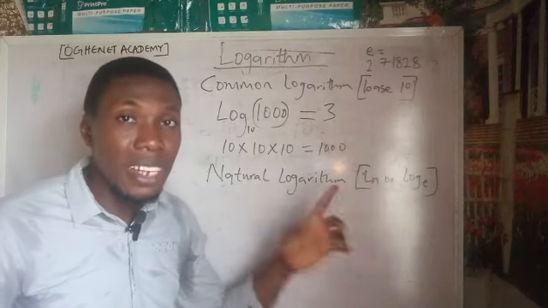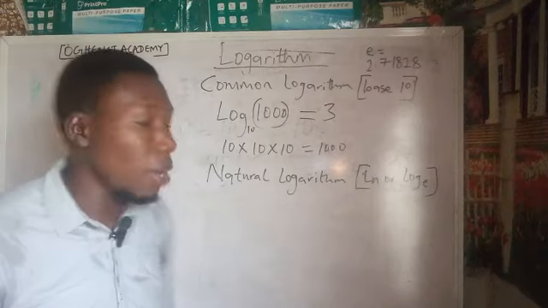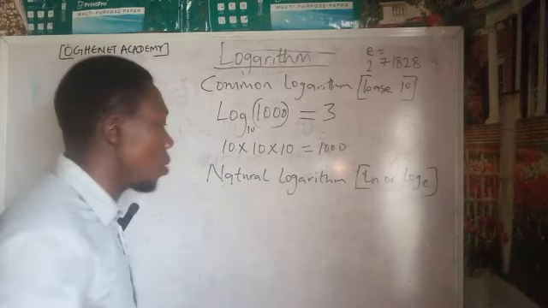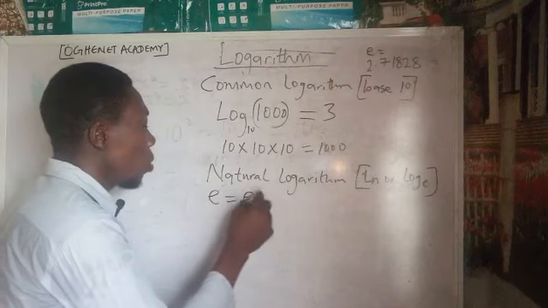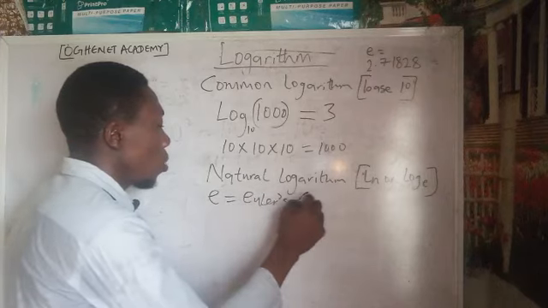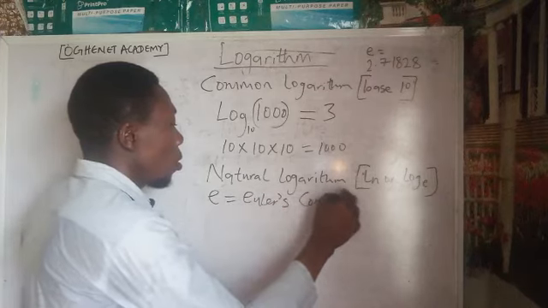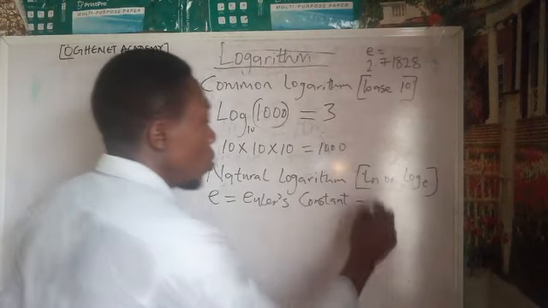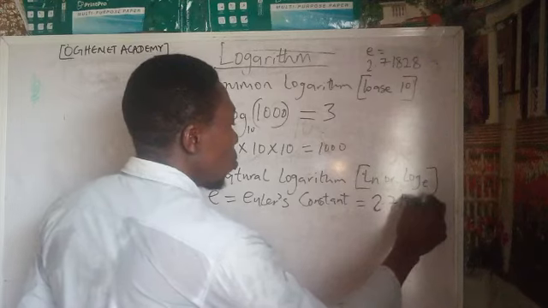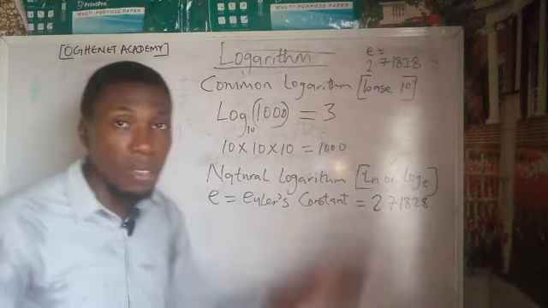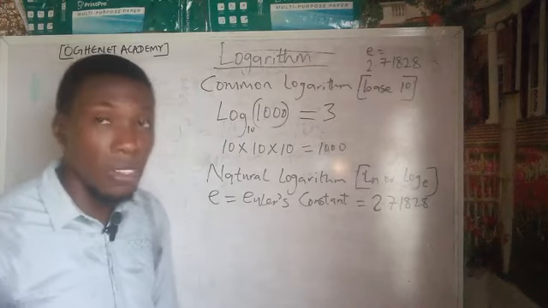I'm talking about an electronic scientific calculator. Now, ln is the natural logarithm of any number, and the e that you are seeing there stands for Euler's constant. Euler's constant is 2.71828.